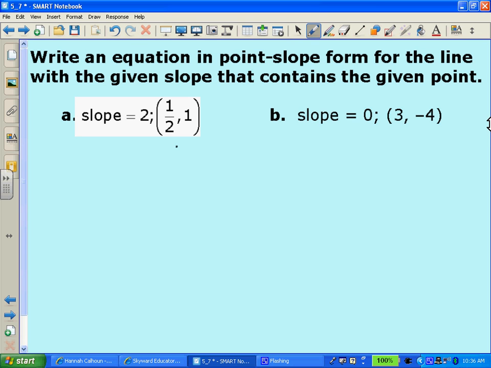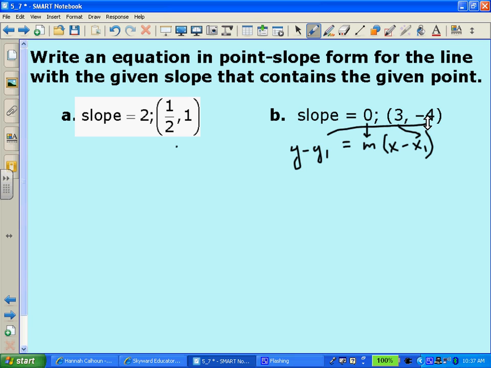One more here that I wanted to show you. You can do example A on your own. I just wanted to talk to you about example B here because of the slope 0. So if we again look at my point-slope form equation, I'm going to take 0, put it in for m.